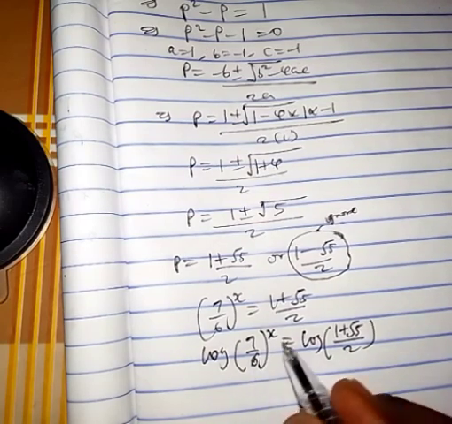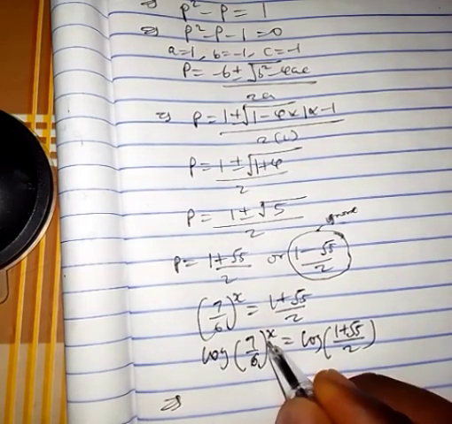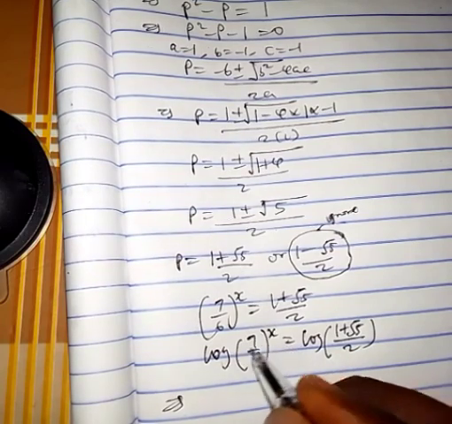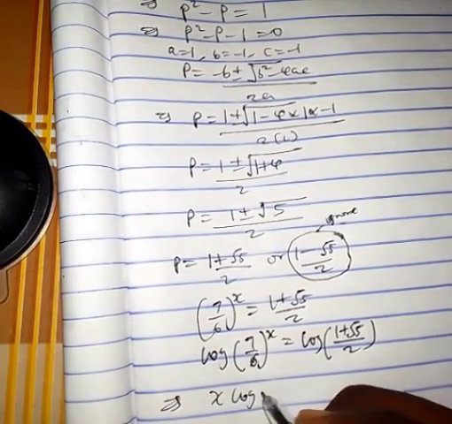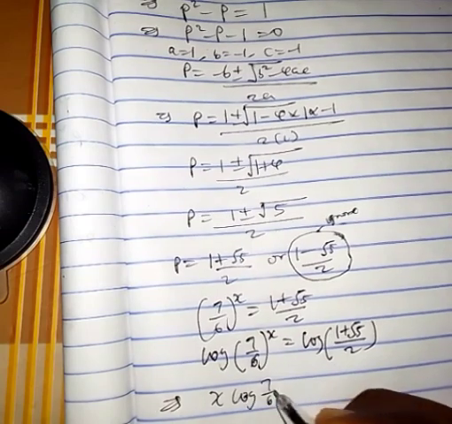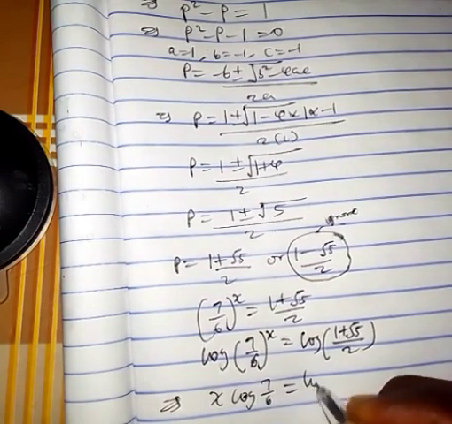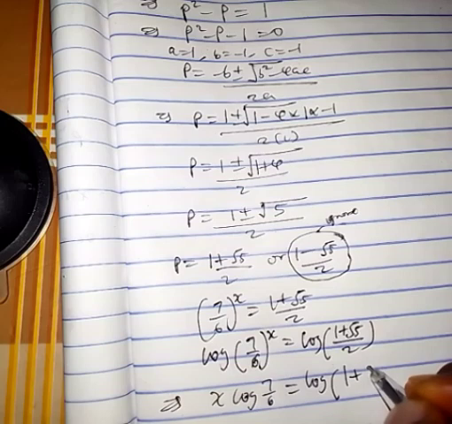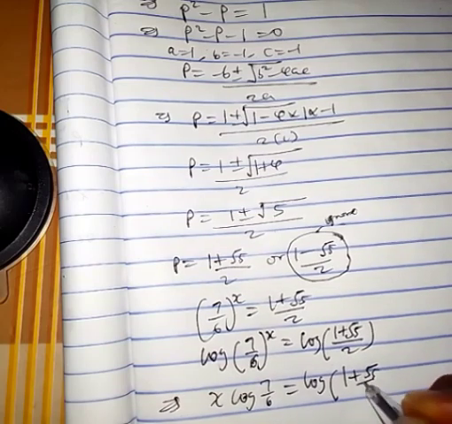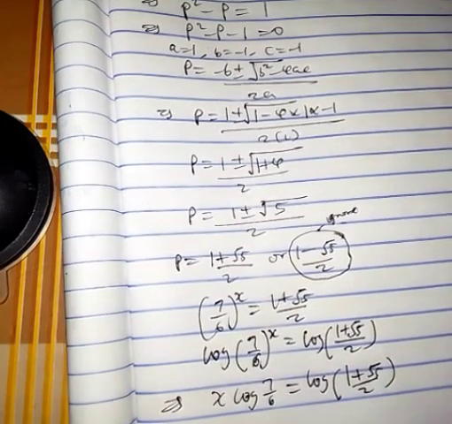By applying the rules of logarithm, this is simply x log 7 over 6 equals the natural logarithm of 1 plus the square root of 5 over 2.